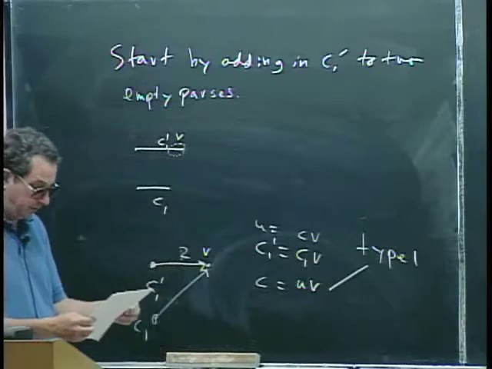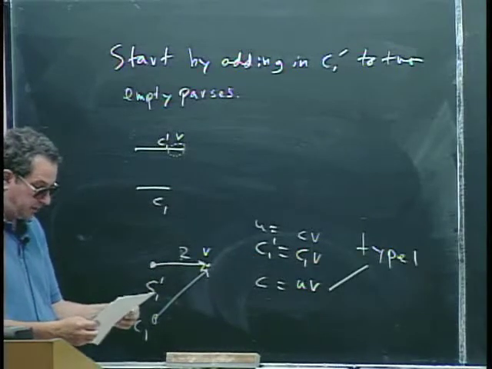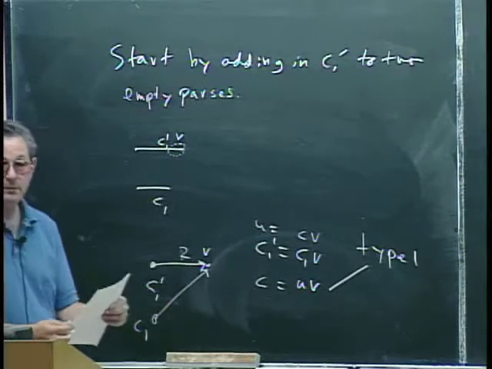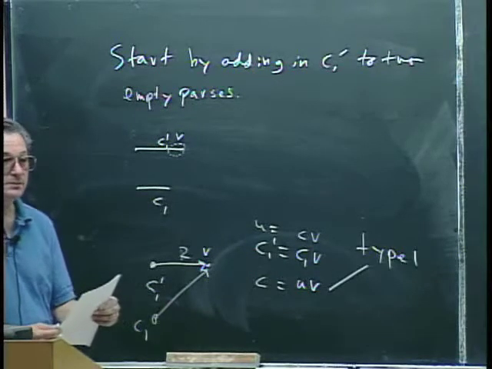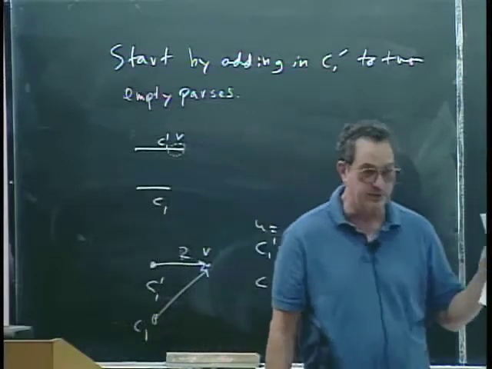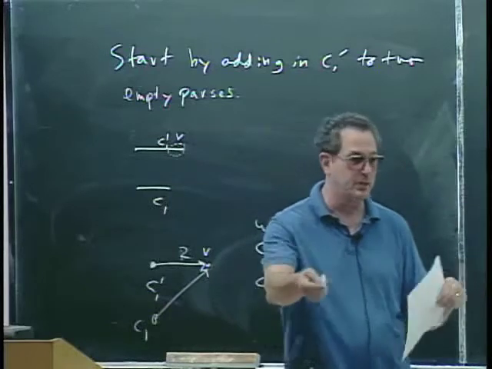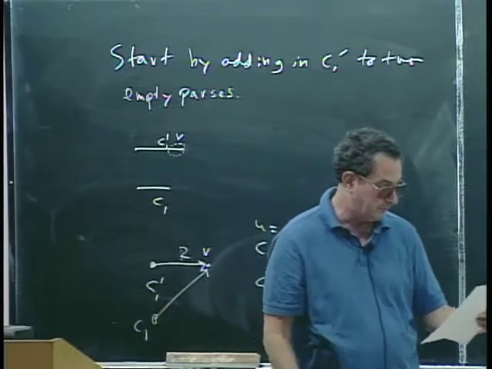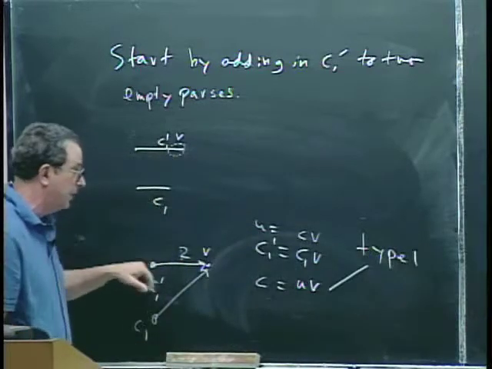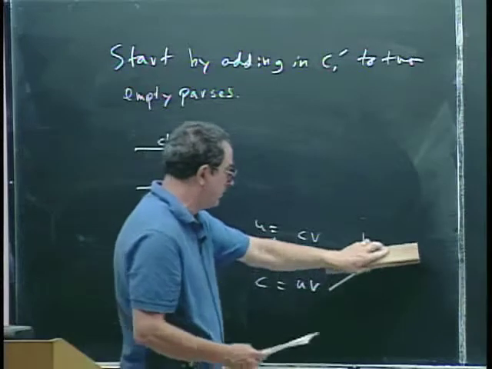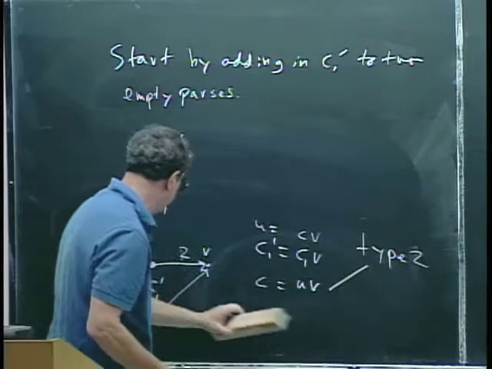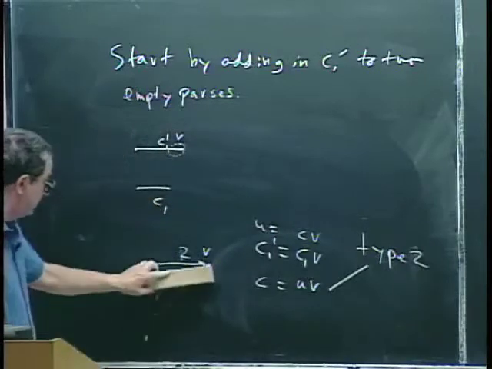In my notes, I definitely want to talk about a path that starts at C1 prime. Did anybody print out the notes? I know that I'm holding notes that are not the current ones, because I fixed an error before I posted it on the website. My notes say it's type 1, but we've just argued that it's type 2, and I hope that what I put on the web has it as type 2.